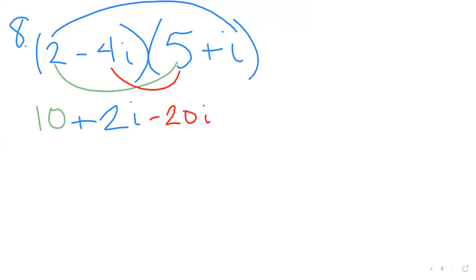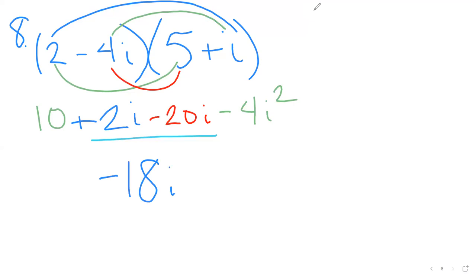And then our last term, negative 4i times i for minus 4i squared. Then we need to clean this up a little bit to get it into a plus bi form. Let's first look at combining these two. That's going to be minus 18i.